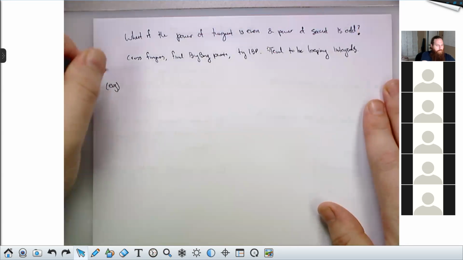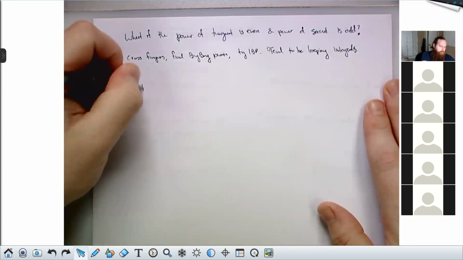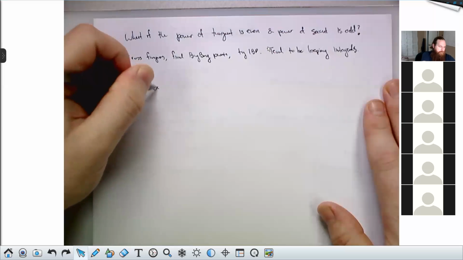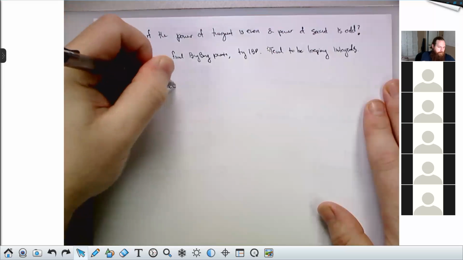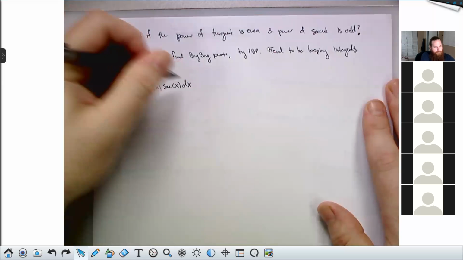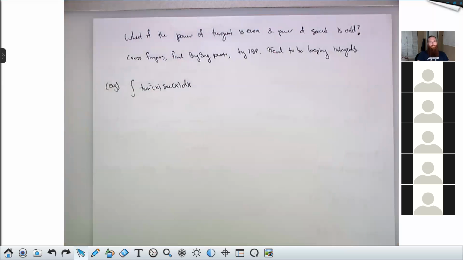So let me show you one more. Here the power of tangent is even, and the power of secant is odd. So we cross our fingers, put on our big boy pants, and try some IBP. LIPET won't save you here because it's all trig.